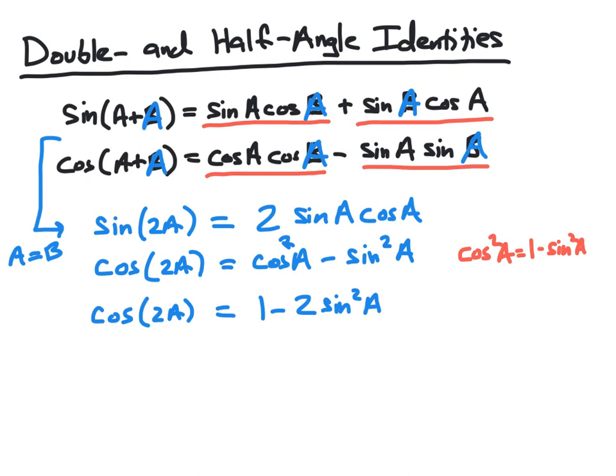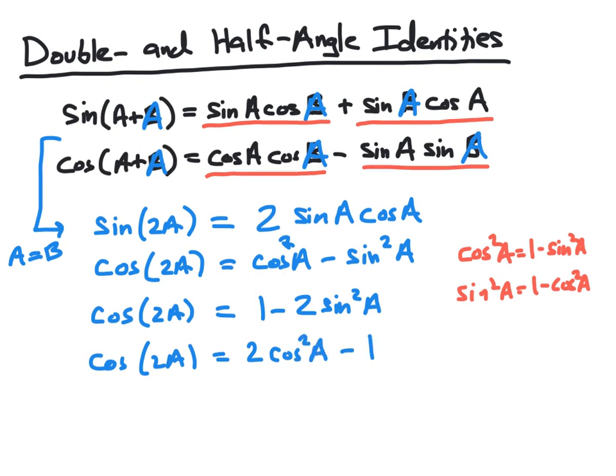Likewise, we could substitute sine squared a as 1 minus cosine squared a using the same Pythagorean identity. This would yield cosine of 2a equals 2 cosine squared a minus 1. So this gives us 4 identities involving the sine and cosine of a double angle, 1 for sine and 3 for cosine.